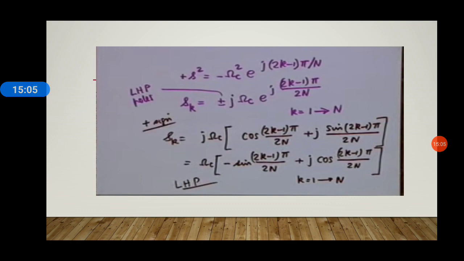When k is 1 and k is n, we see all the things are less than pi, that is in the upper half of the plane, that is less than pi by 2, that is in the left hand plane. So this s k stands for only the positive term; positive poles we will consider.